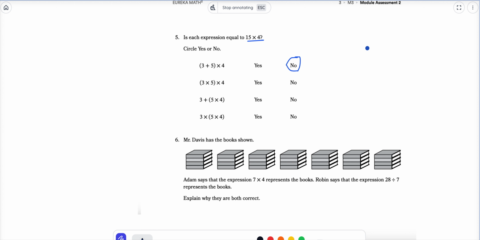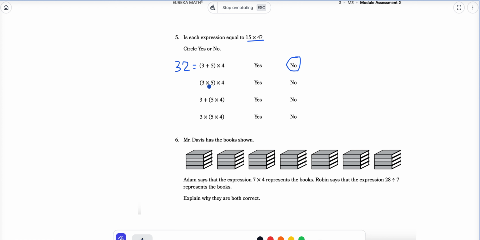Right, 8 times 4 is not what we're supposed to do. What is 8 times 4? 32. Do we think that 15 times 4 equals 32? No, it's basically saying, are these going to be the same to each other? No, they don't, right? Absolutely not. Let's do the next one.